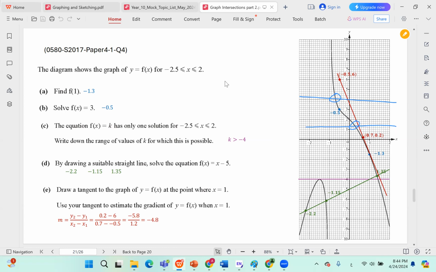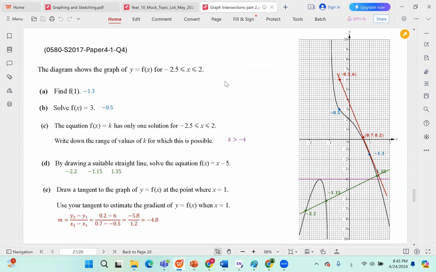This line here cuts the curve 3 times. And this purple line cuts the curve exactly twice. So this purple line itself does not work. However, any line above the purple line would work. So anything above this number here, which is -4. So k is greater than -4. Not greater or equal, but strictly greater. It cannot be -4.